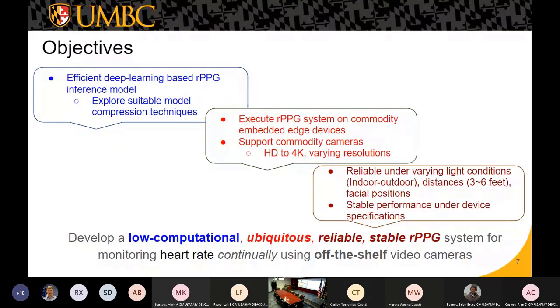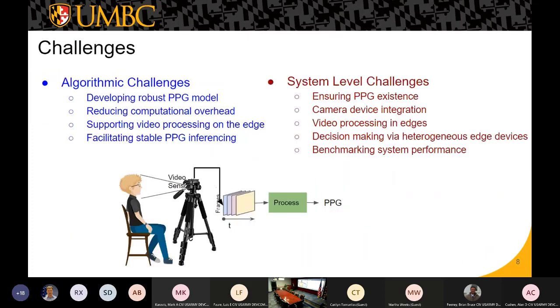Stable rPPG needs to be stable in inference, and it also needs to be stable in device operation. We do not want to overheat and destroy our device throughout the process. So that's our whole goal. We want to focus on low computation, ubiquitous, and reliable estimation of the PPG signal using off-the-shelf cameras.